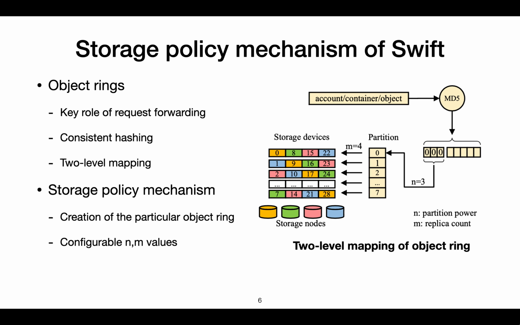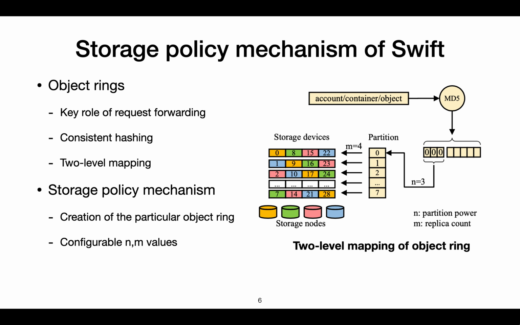Typically, the first n bits of the MD5 hash value of the request path are used to index the nth power of two partitions on the ring. The n value means the partition power. These partitions are then assigned to multiple storage devices on the storage nodes, and the number of the storage devices is indicated by the replica counts m.